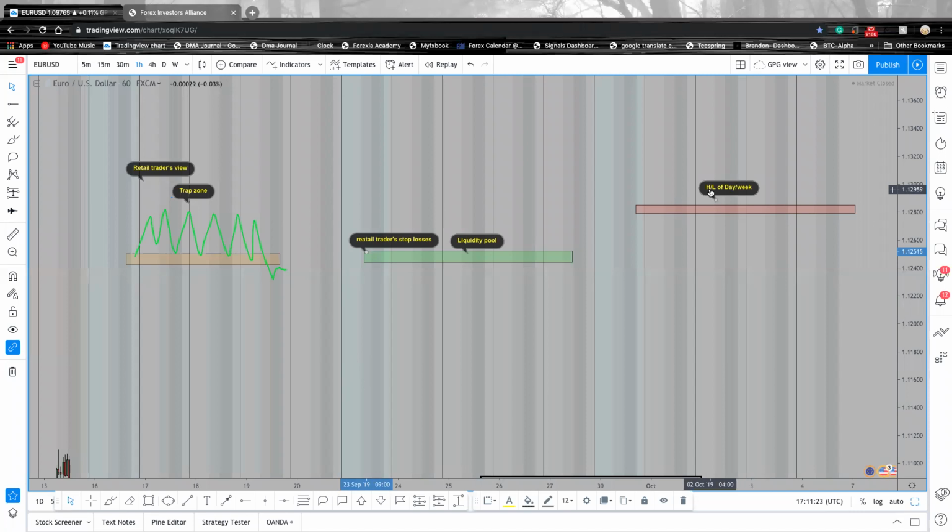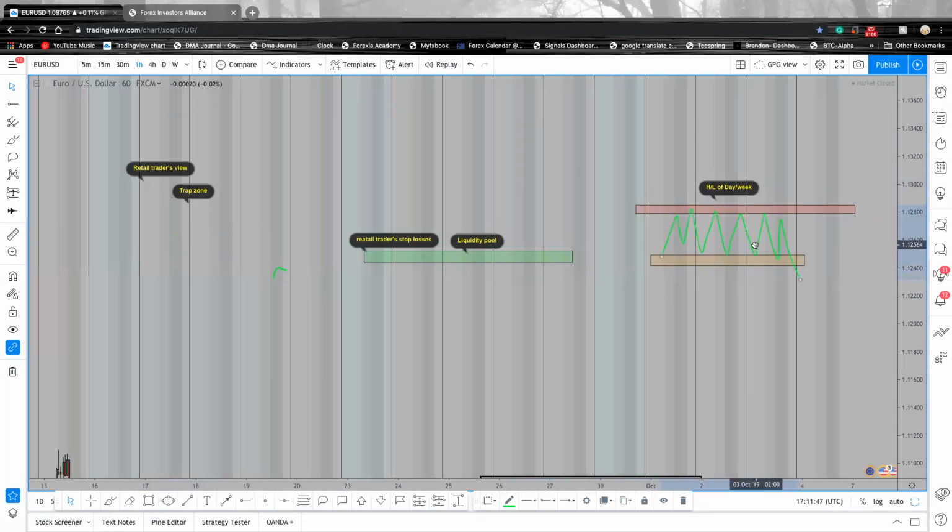And the high and low of the previous day or previous week, this is what retail traders don't really see, or if they see it, they see it as support or resistance. But the reason we have a different zone here is that most of the time the trap zone is below the high of the previous day or week.